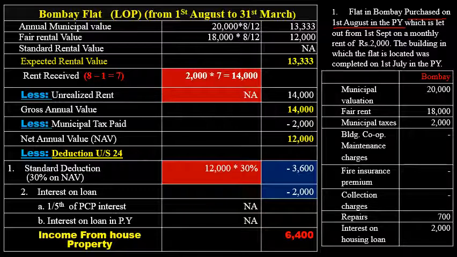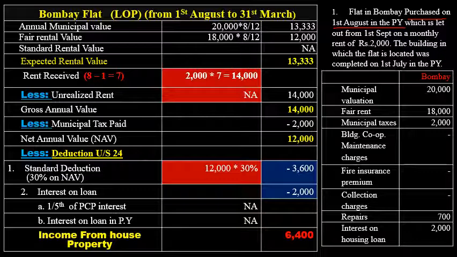It means SSE is the owner of the property from 1st August onwards. So we have to assess the Bombay property from 1st August to 31st March, that is, we have to find out the income of the Bombay property for 8 months.